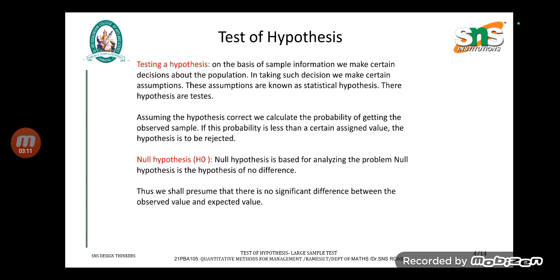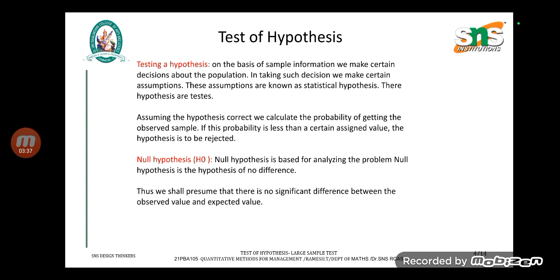So here we have two hypotheses. One is the null hypothesis, another is the alternative hypothesis. What is the null hypothesis? The null hypothesis is the basis for analyzing the population. It is a hypothesis of no difference. Thus, there is no significant difference between the observed value and the expected value.